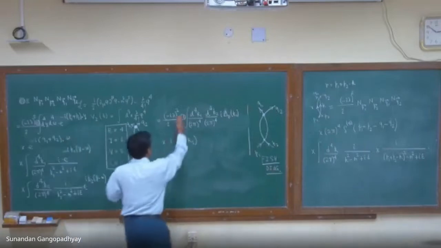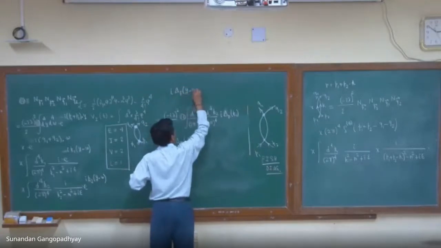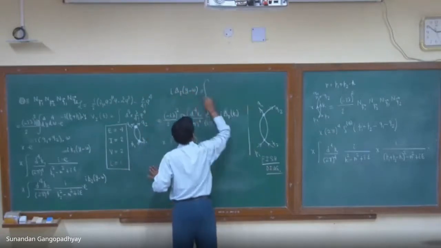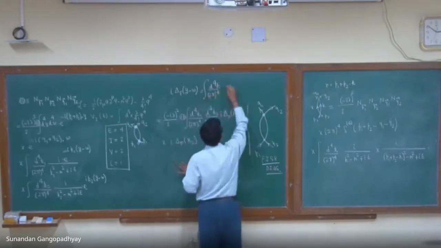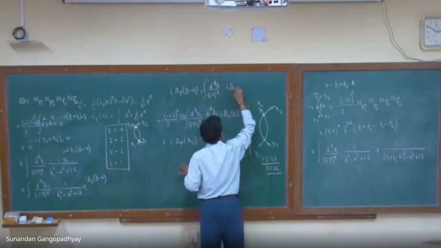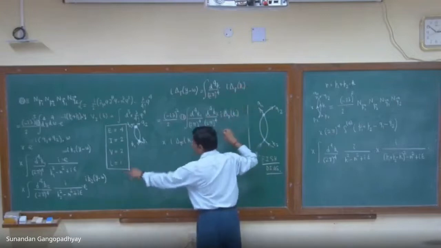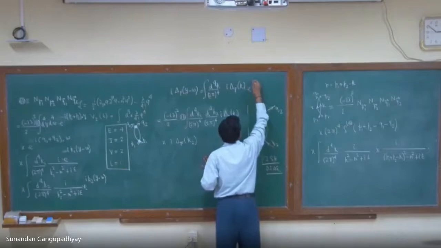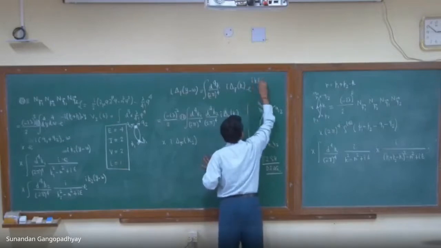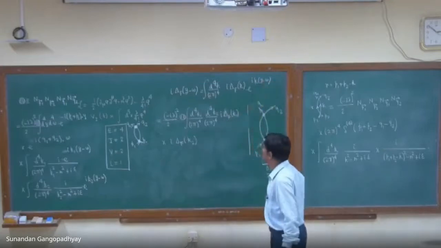You are absolutely correct. So let me write it down over here. i delta_F(x minus y) is basically the integral d^4k by (2 pi)^4 of i delta_F(k), where delta_F(k) stands for 1 divided by k squared minus m squared plus i epsilon, and then we have e to the power of minus i k (x minus y). So I've written that on top.